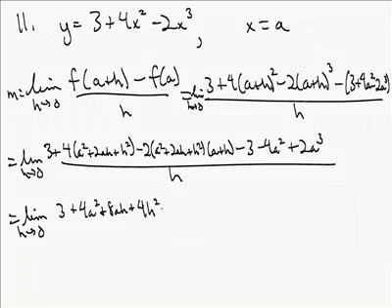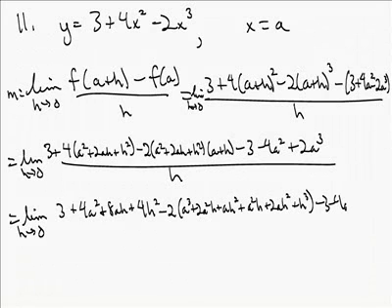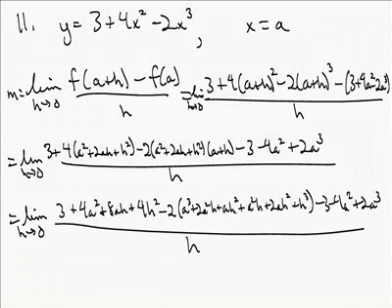We have one more multiplication to do here, so minus 2 times, we take the a through, we get a cubed plus 2a squared h plus ah squared. Take the h through that quantity, we get a squared h plus 2ah squared plus h cubed, minus 3 minus 4a squared plus 2a cubed, all divided by h.